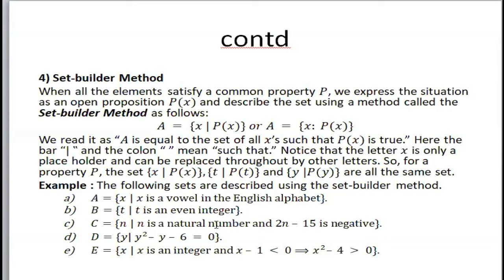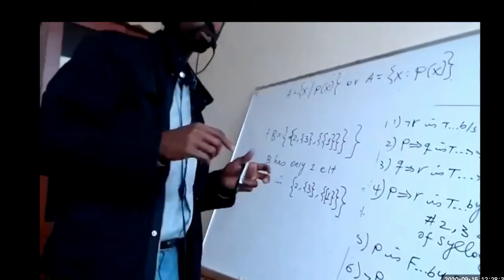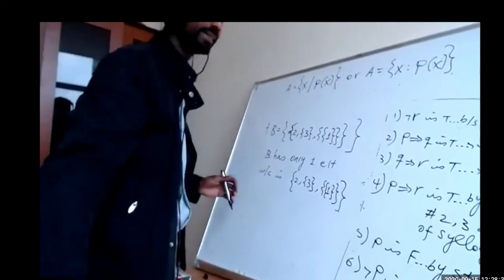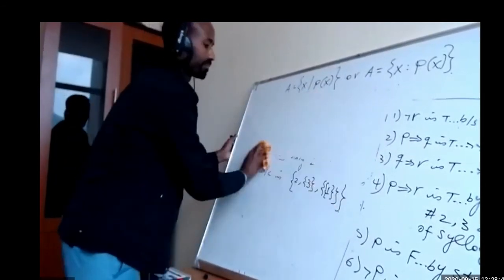A set that can be expressed in set builder method can also be expressed in the complete listing method, or the so-called partial listing method. Let me show you this in both set builder method and complete listing method.